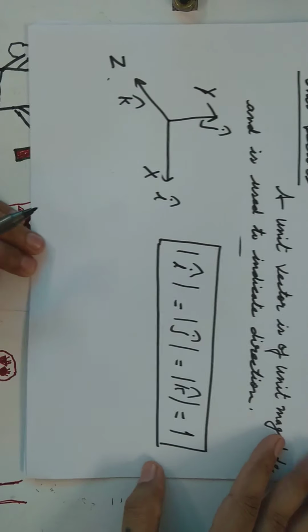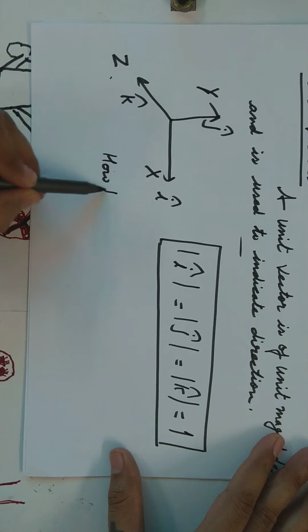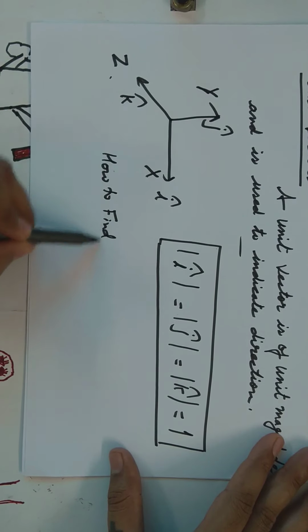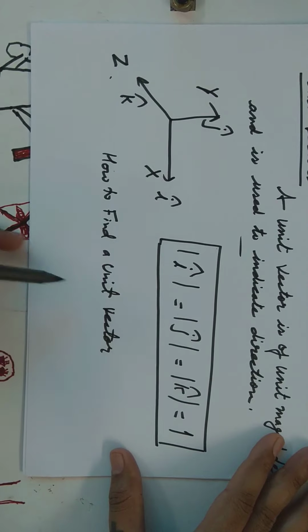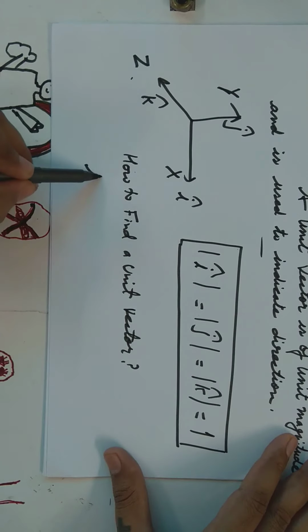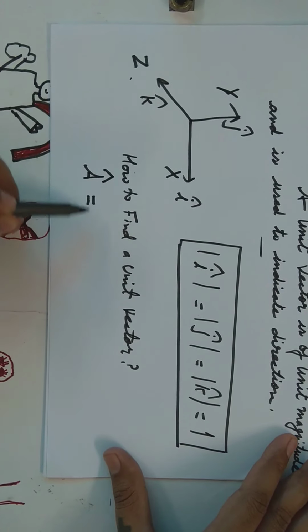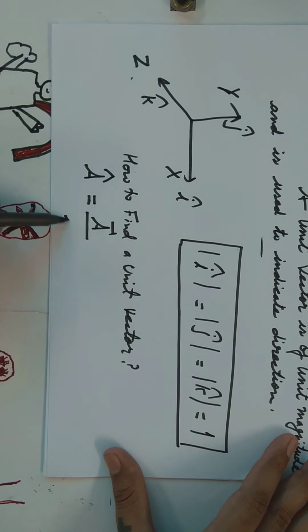Okay, now we can easily find a unit vector. How to find a unit vector? So it's easy. What we do, I need to find a unit vector in the direction of A. So I just take A vector and divide this A vector with its magnitude.